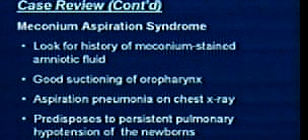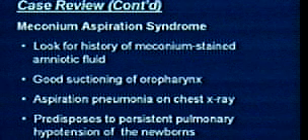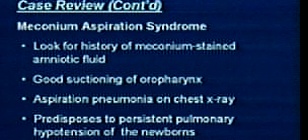All right? The other thing that you as a physician in your management would need to be thinking about with somebody who had meconium present is that there would be good suctioning of the oropharynx. So as the patient comes onto the obstetrical field, you would want to suction the patient before the patient took their first breath. Why?